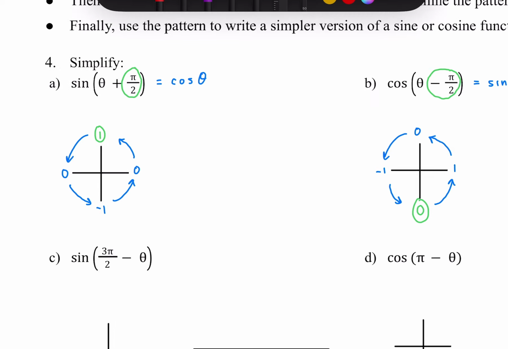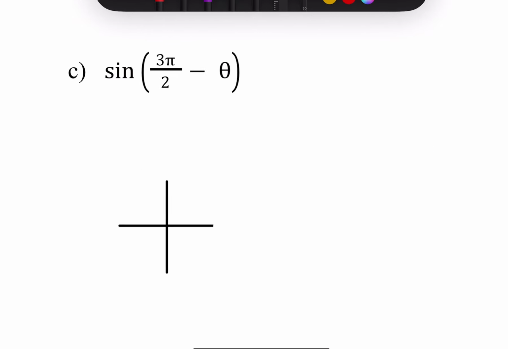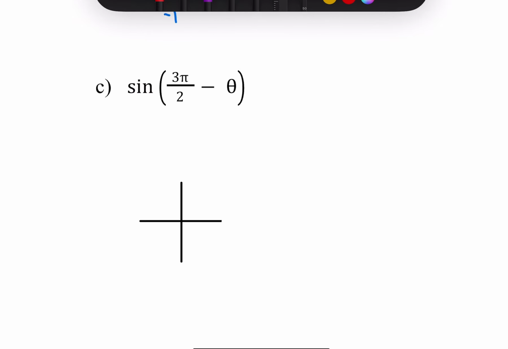Now, they're not always just sine or cos. In this one here, right, I'm going to start at 3 pi/2, and the sine, which is again the y value of 3 pi/2, is -1. But also here I'm going to go in the negative theta direction. So this means I have to go in the negative direction instead of the positive. So that means I actually have to go this way.